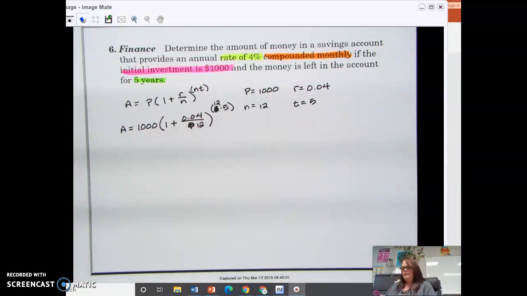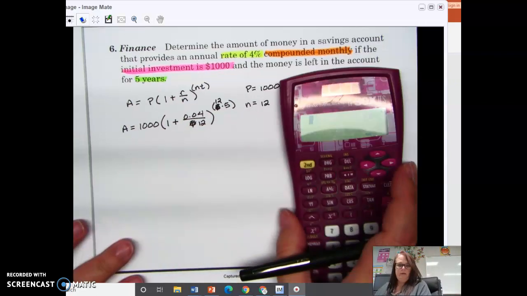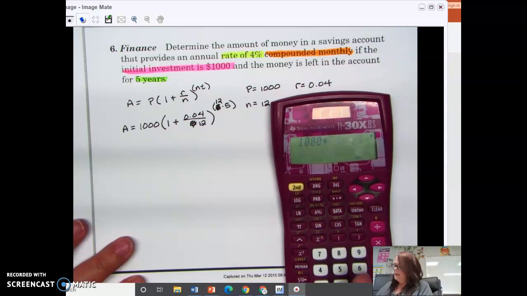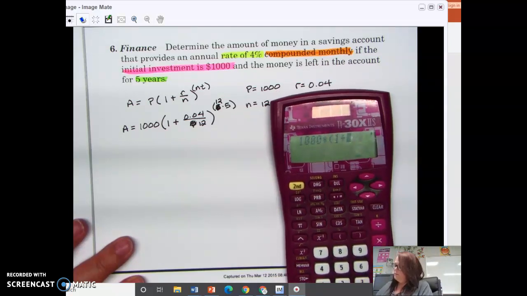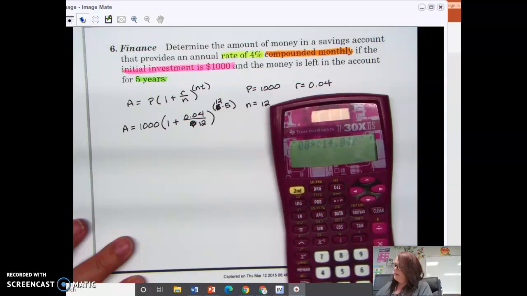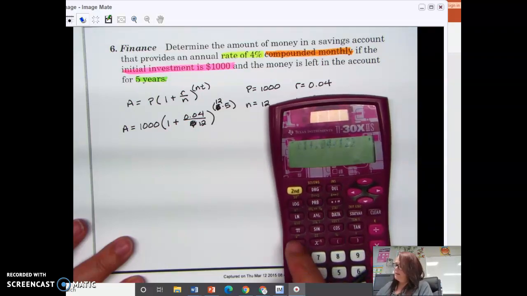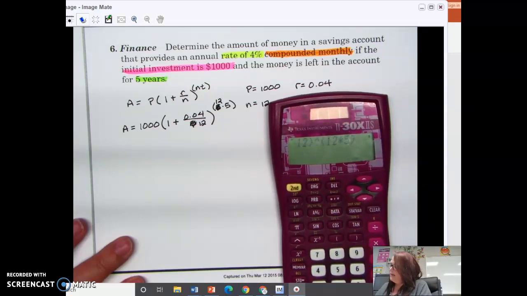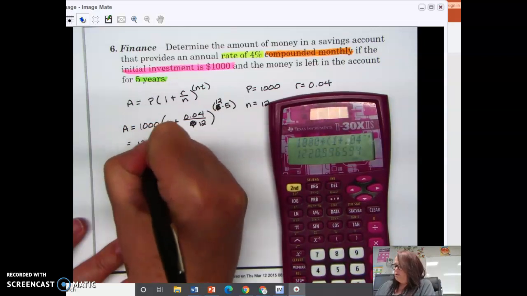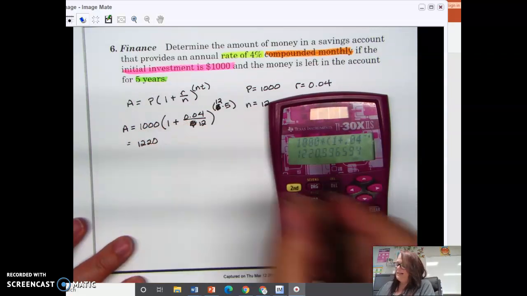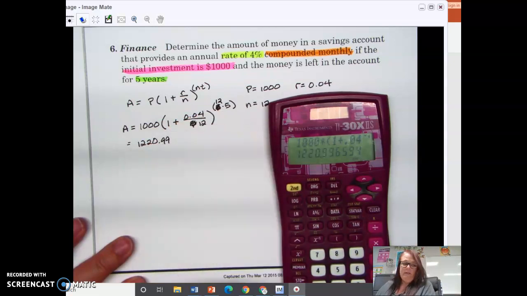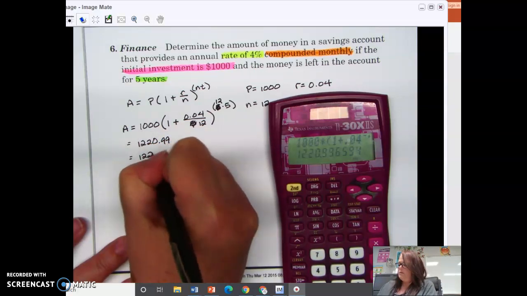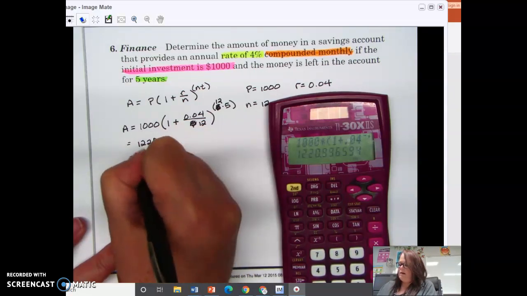So then in the calculator, we're going to type it just like we see it: 1,000 times parentheses, 1 plus 0.04 divided by 12, close the parentheses, to the power of parentheses 12 times 5, and that gives us 1,220.996. So you can either say $1,220.99, or if you round it up to 1221.00, I'm not going to be mad about that.